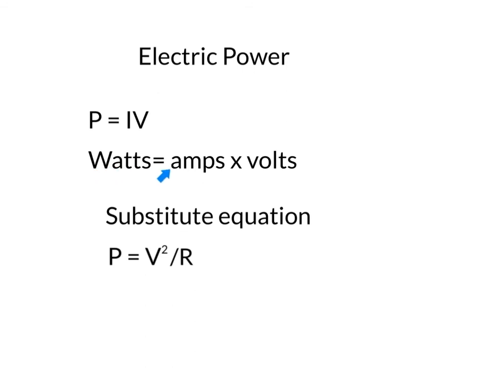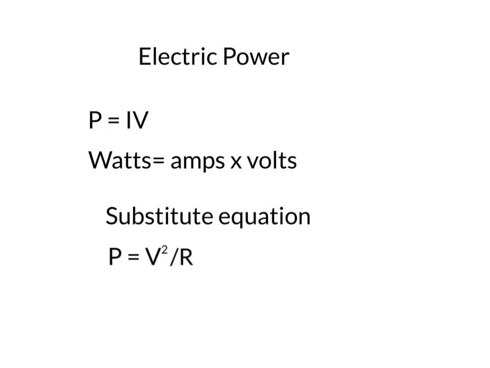Power is in watts, current is in amps, voltage is in volts. If you are asked to solve a problem such as, a blender is plugged into a 110 volt outlet that supplies 2.7 amps of current, what amount of power is used by the blender? You will just take your current times your voltage, and you'll be able to get your power.